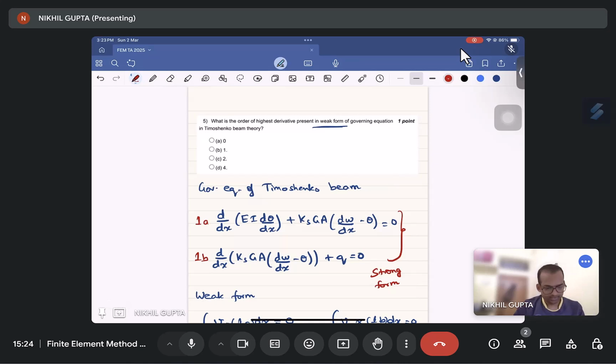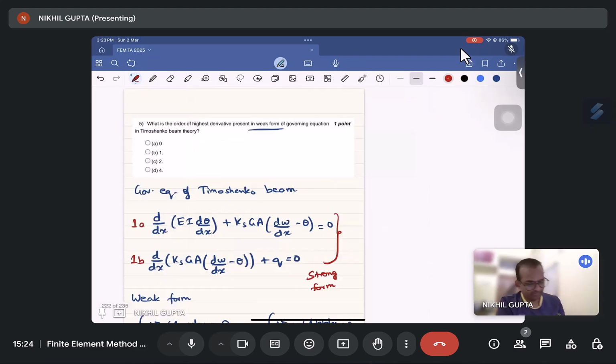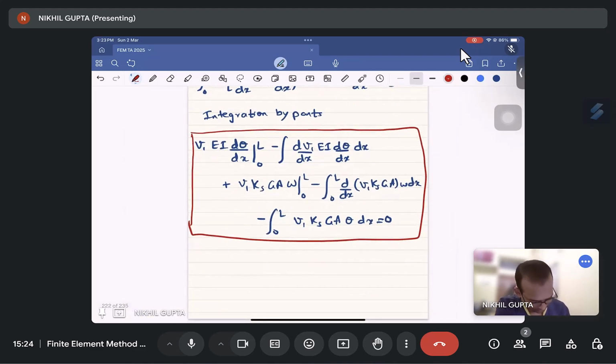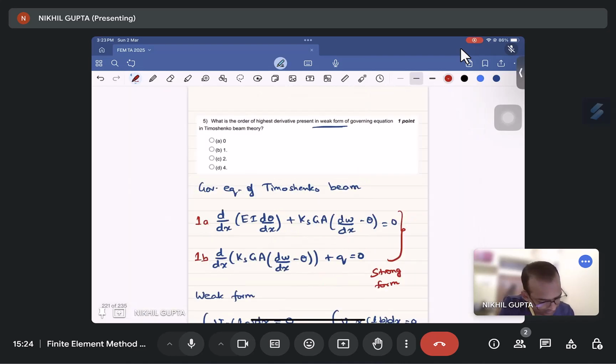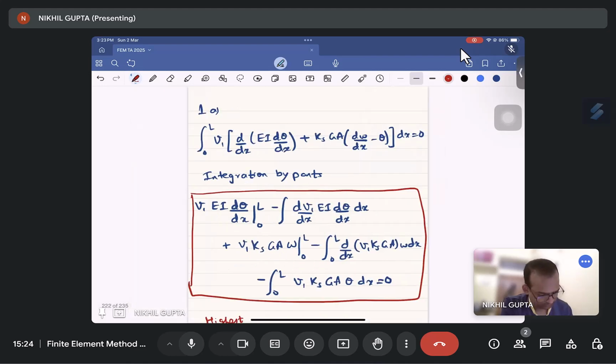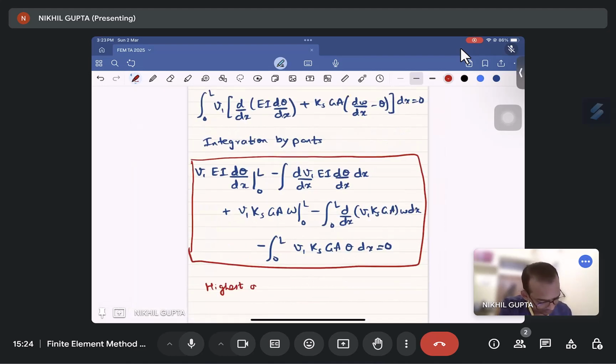So what is the question asking? The question asks what is the order of the highest derivative present in the weak form. We have got the weak form, so let's look at the highest order. This is order 1, this is order 1, this is order 1, all are order 1.